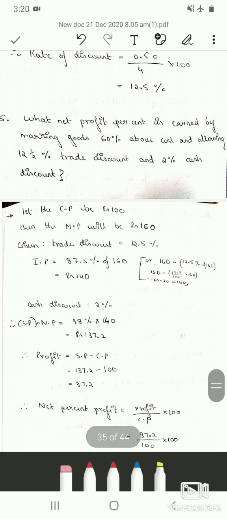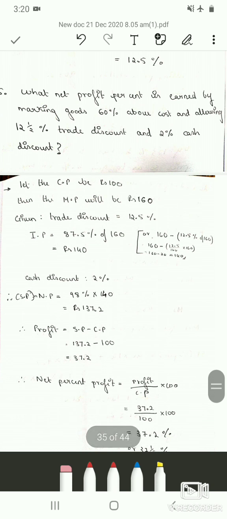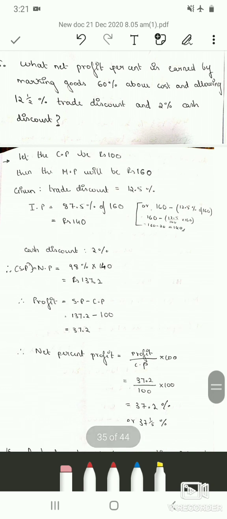So the 15th question is, what net profit percent is earned by marking goods 60% above cost and allowing 12.5% trade discount and 2% cash discount? So they have asked to find out the net profit in percent.